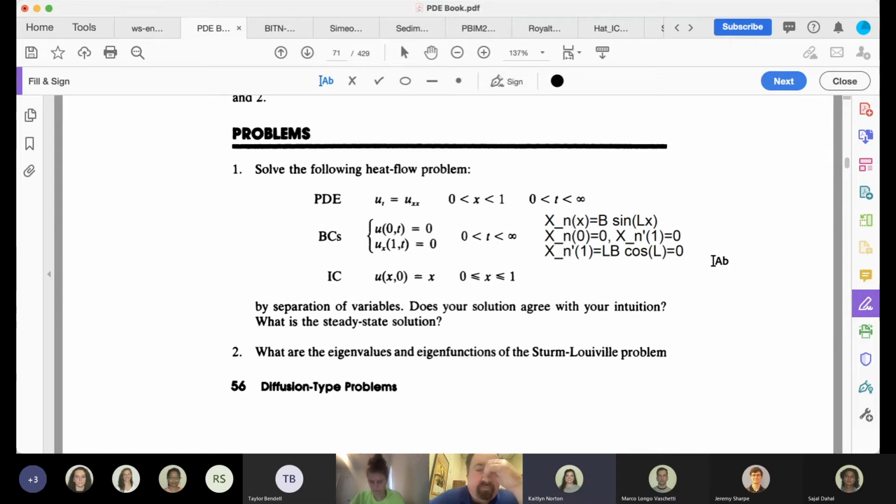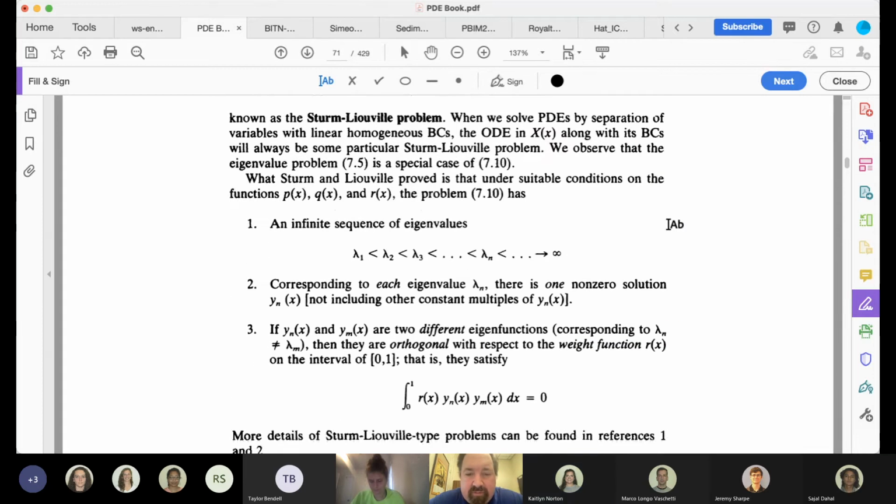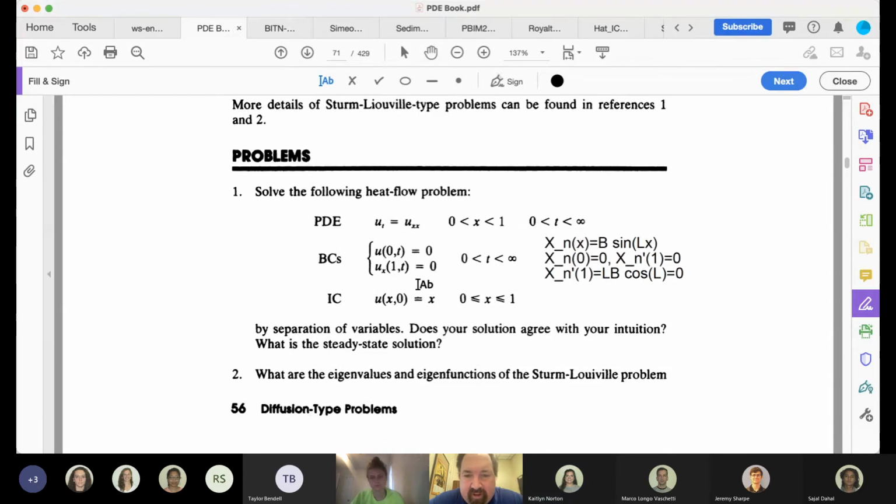Oh, okay. No, so what you have is, okay, in this case, with the boundary condition that you have, instead of sine n pi x, like if this had been u of 1, t equals 0, you're still going to have a sine function because of the left boundary condition.